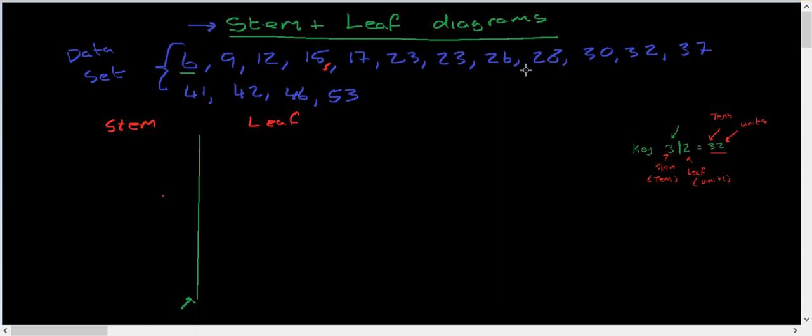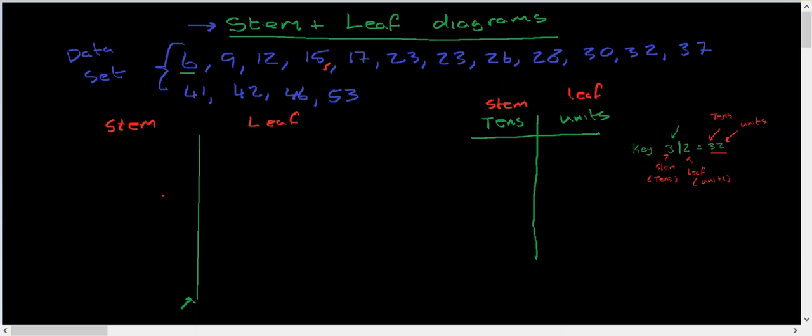Okay, so what we're saying is that we can split it in two. We have the tens part and we have the units part. The tens part is going to be represented by our stem, and the units part is going to be represented by our leaf.